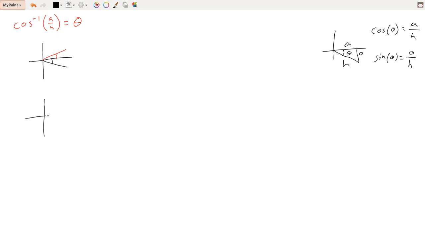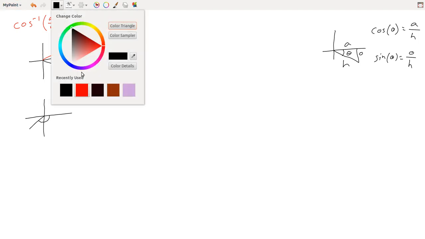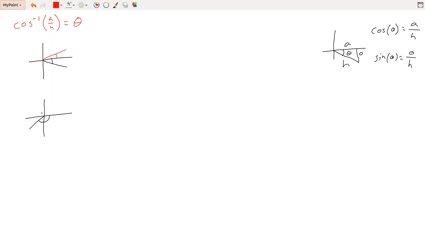Now let's look at the other cases, for if our actual angle is in, say, the third quadrant. So here we have this negative angle. Here the cosine of this angle is a negative value because it's a over h, so a is negative. There's another angle that could give you a negative value like that, and that's this angle.